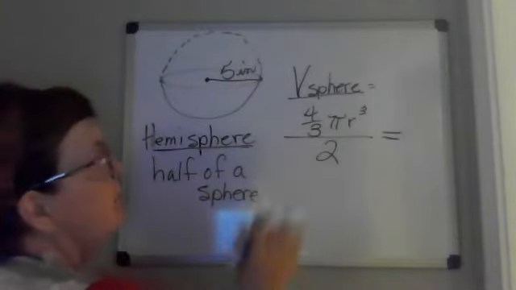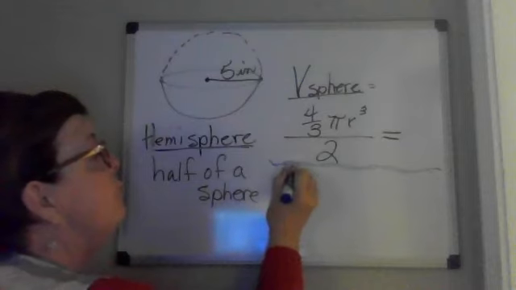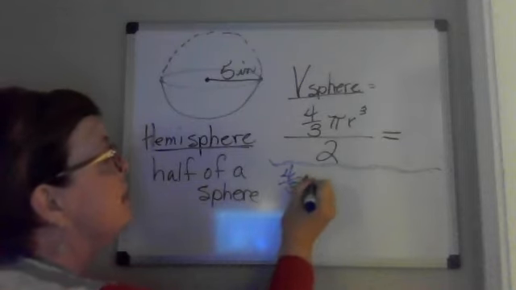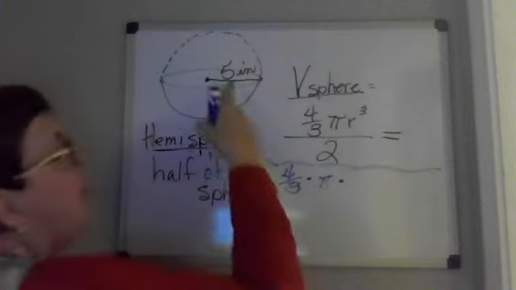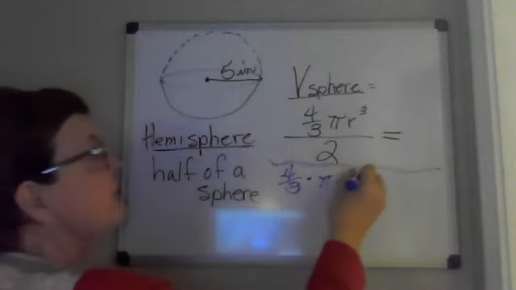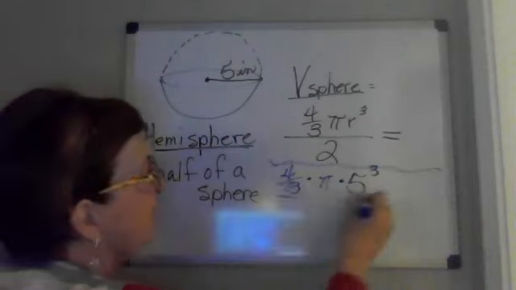We're going to use the pi button this time. So I have 4/3 times the pi button times r halfway across, 5 to the 3rd power, divided by 2.